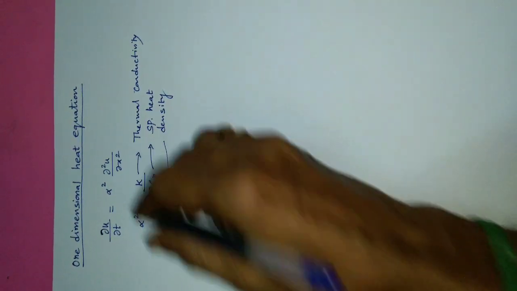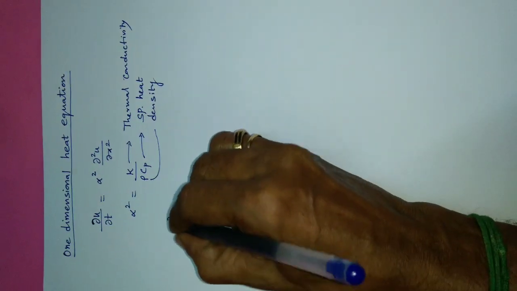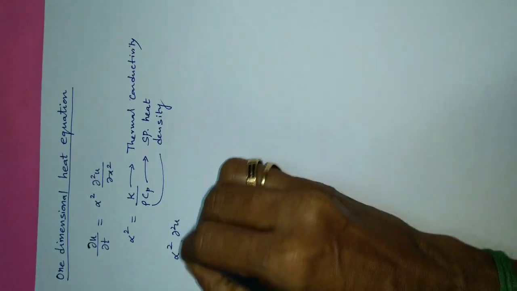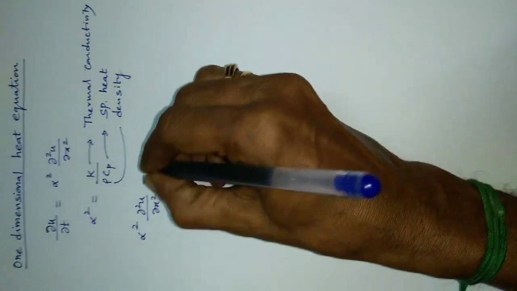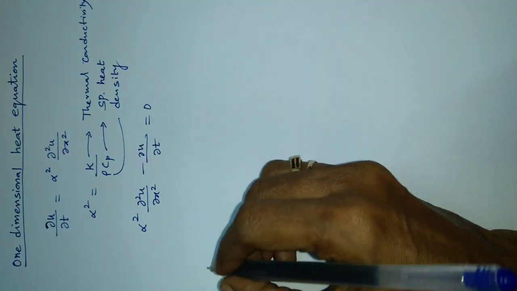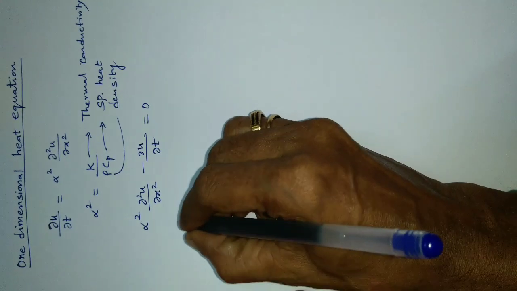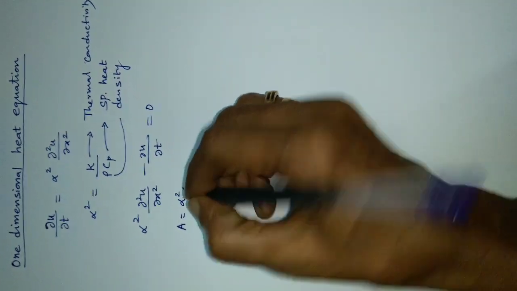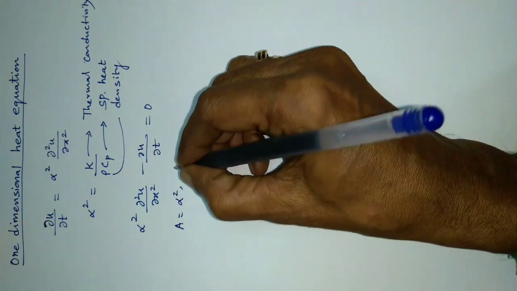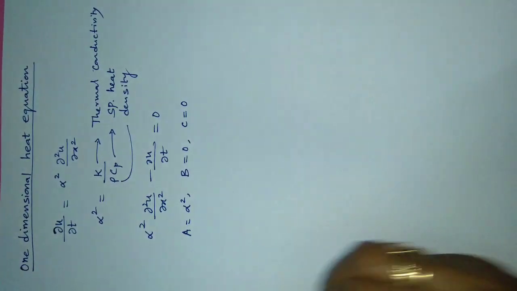As before, how to classify this PDE? Let us rewrite the equation: α² ∂²U/∂x² minus ∂U/∂t equal to 0. When you classify, we are going to focus on the second order partial derivatives. So A is α², B is 0, and C is also 0.